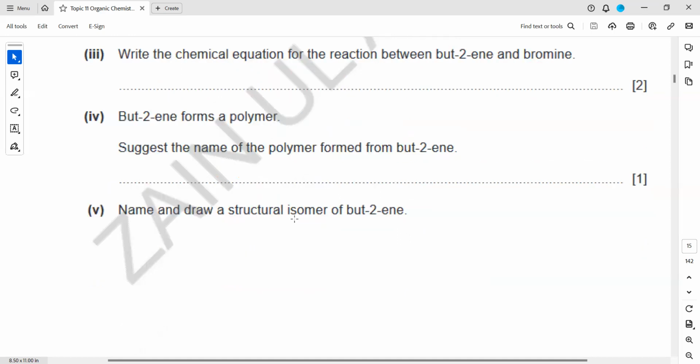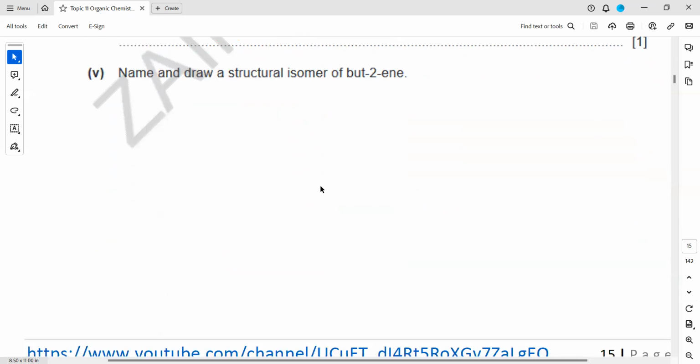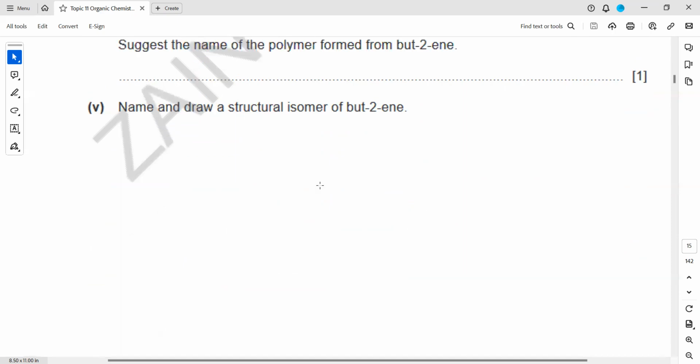Next is name and draw the structure of an isomer. Isomers have the same molecular formula but different structure. Isomer of butene. Like this is butene, so what else can we draw? We can draw but-1-ene.